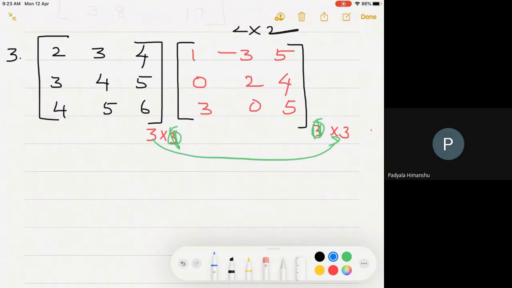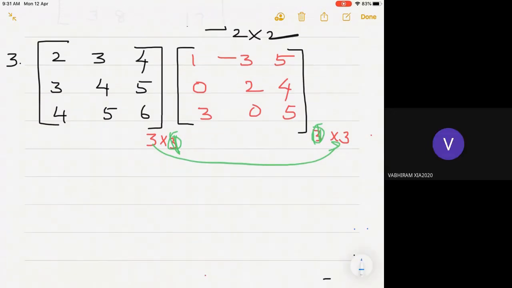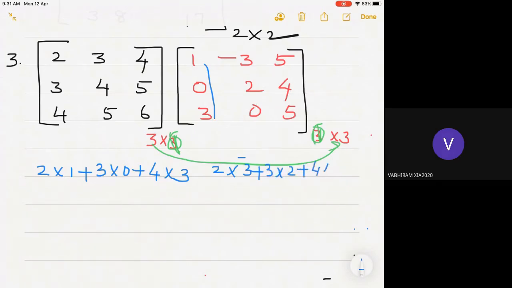This is a procedure. So in the first row, first column you will get 2 into 1 plus 3 into 0 plus 4 into 3. First row is multiplied with first column. Okay. Now first row will multiply with the second column. It is 2 into minus 3 plus 3 into 2 plus 4 into 0.